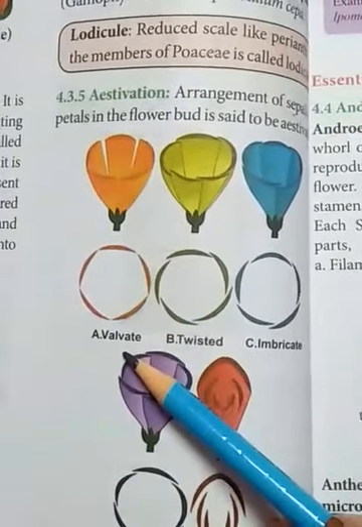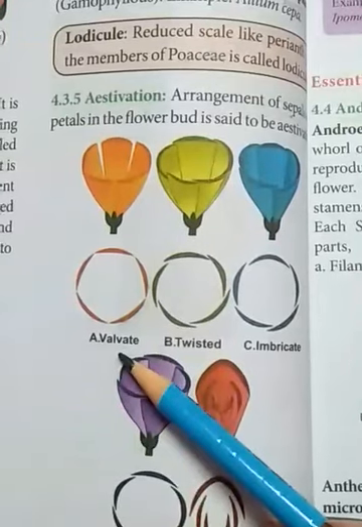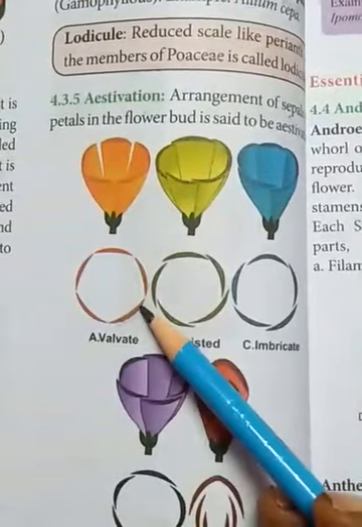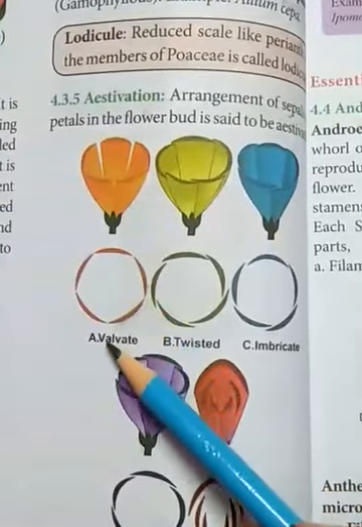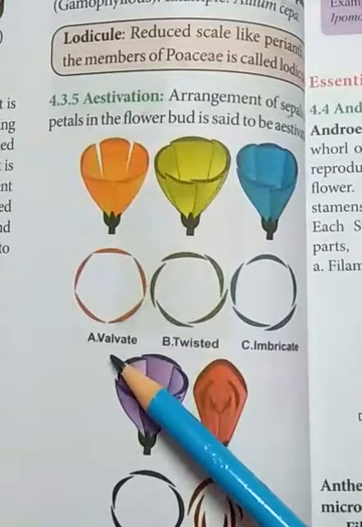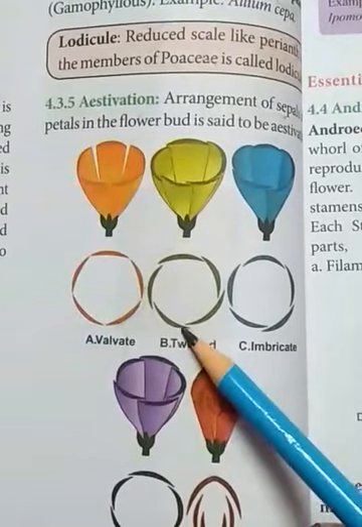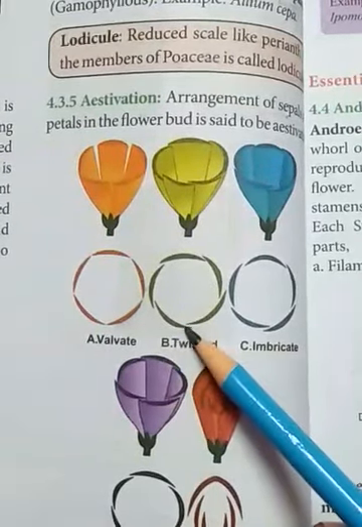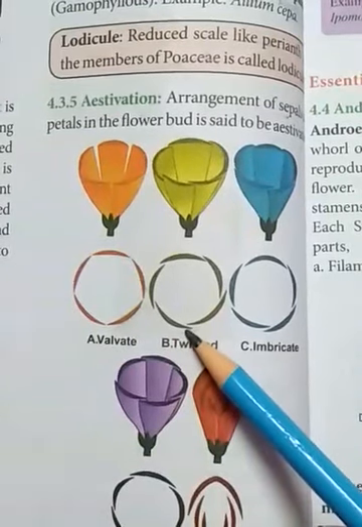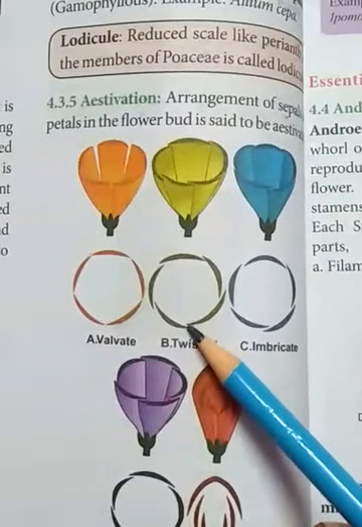So what is valvate aestivation? The margins of the sepals do not overlap, they remain side by side, then it is called valvate aestivation. Next here you can see the margins are overlapping and overlapped.